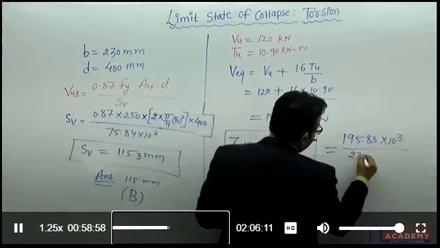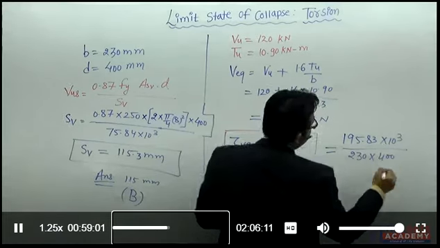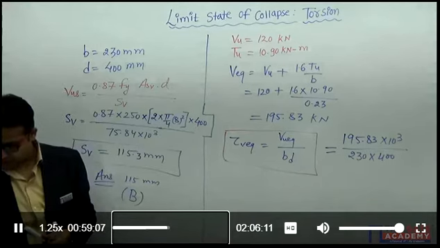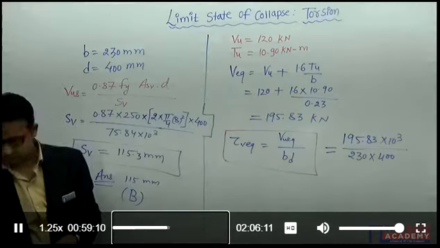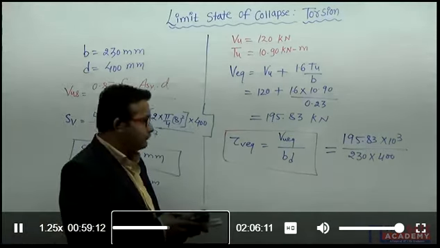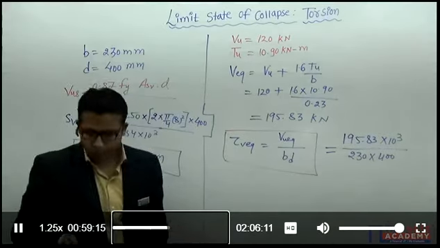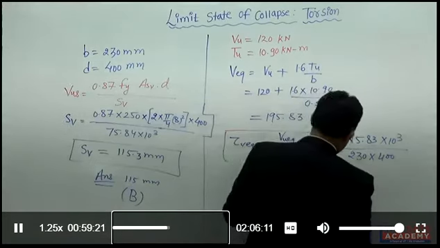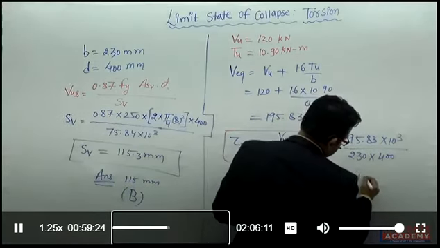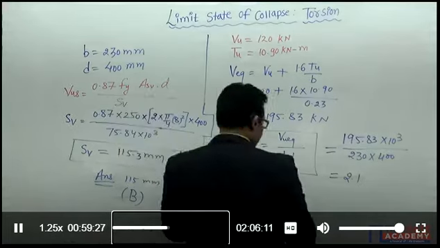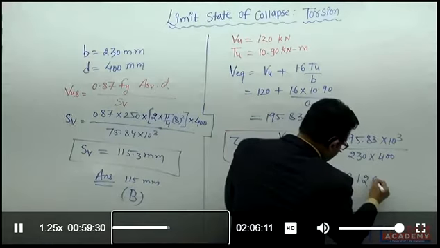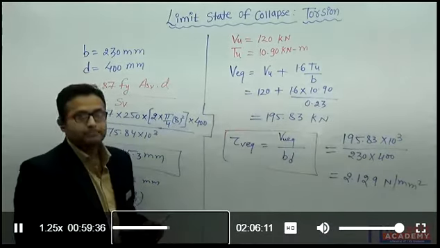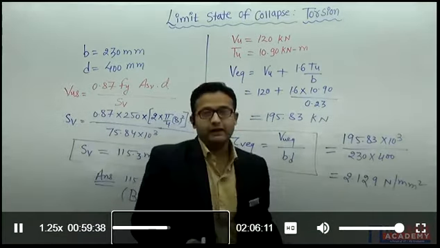They have given me 230 mm and the effective depth given is 400 mm, right? So we can calculate the value of tau V equivalent is 2.129 Newton per mm square.